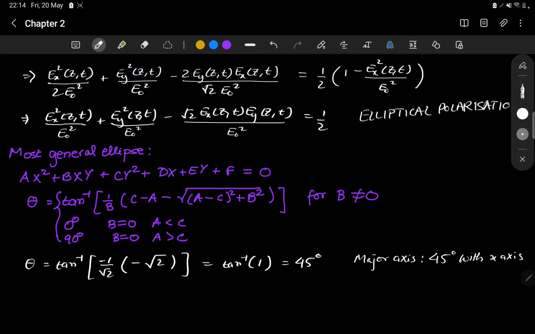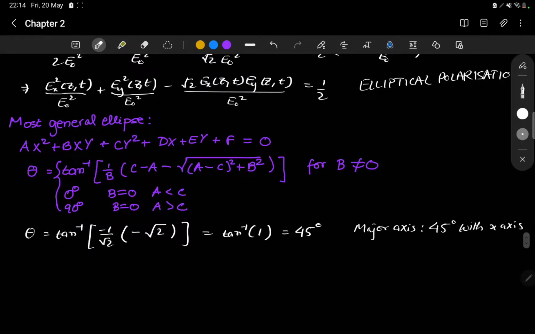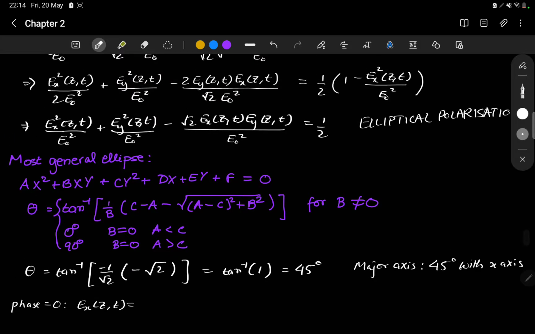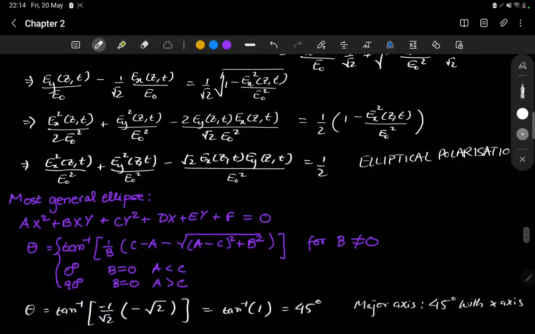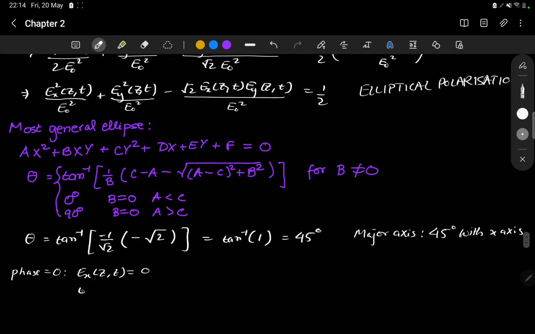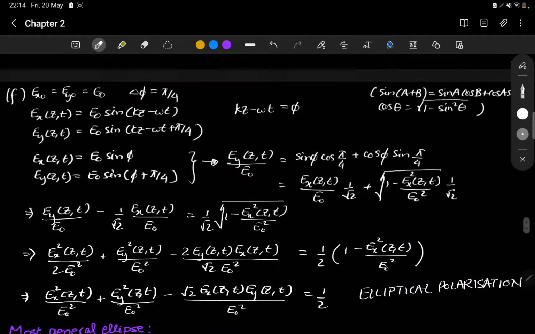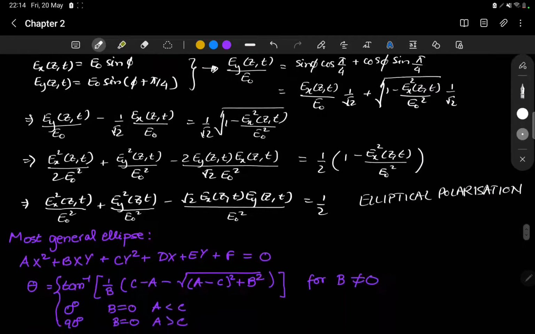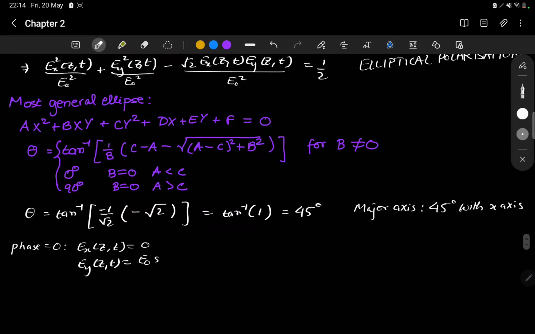Now we need to check for the handedness. So for handedness at phase equal to 0, we have Ex equal to 0, Ey equal to E naught sine pi by 4, which is equal to E naught over root 2.